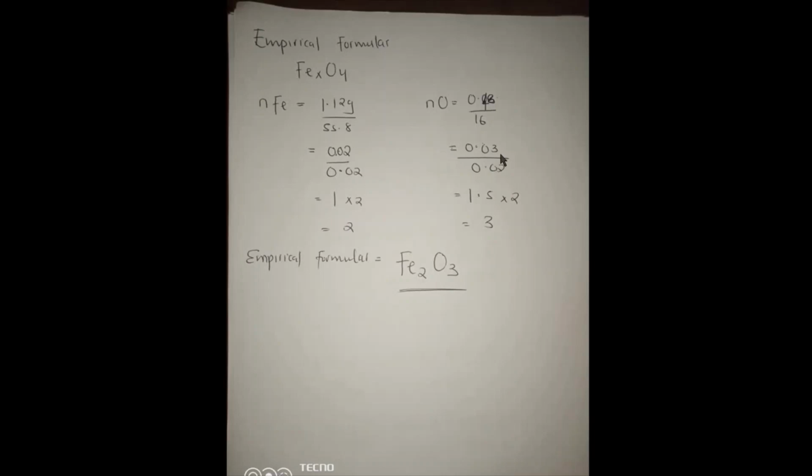Between the moles of oxygen and iron, the moles of iron were less, so you divide both by the moles of iron, which gives 1 here and 1.5 here. You seek to get this 1.5 to a whole number, so you multiply by 2. Here it will be 3 and here it will be 2. So this is the empirical formula.